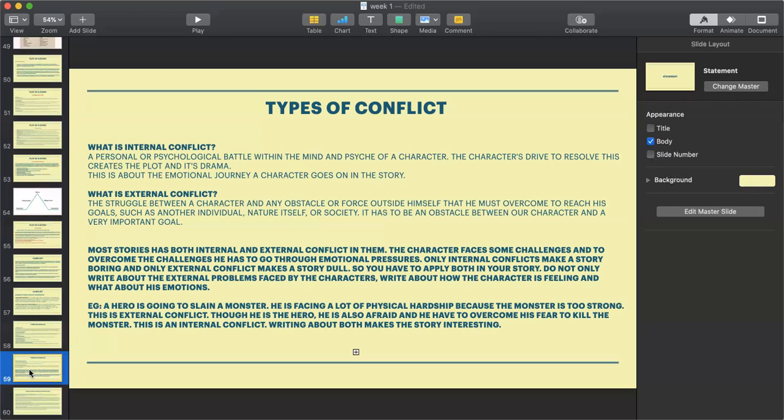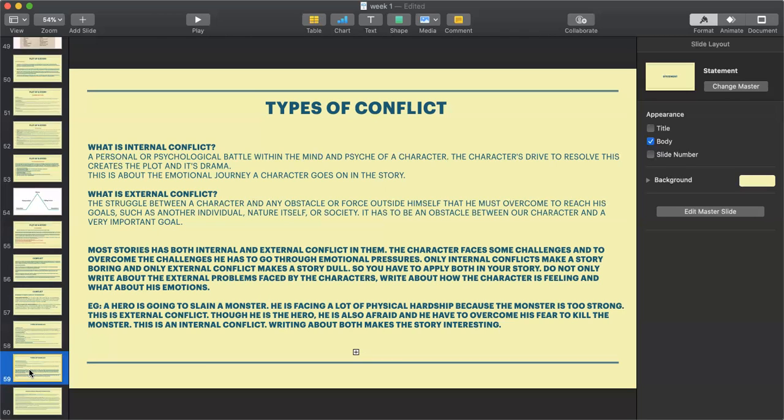Sometimes he is so afraid, sometimes he is really feeling excited, but ultimately he is getting that mental strength, or he is developing himself to think that, no, I can do it. If I only talk about the external conflict, it might get dull, right?